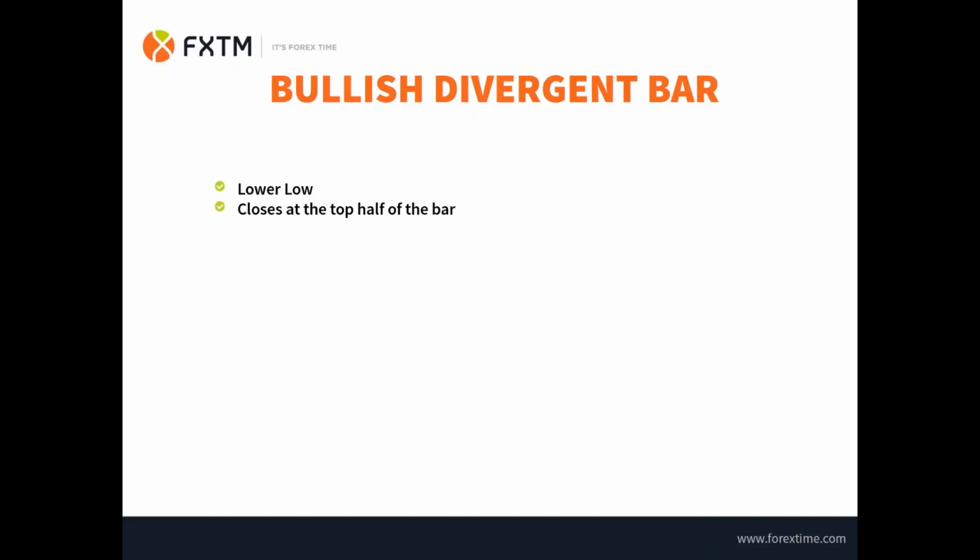Now, let's move, if you don't have any questions, to another very important part of the strategy, which is the bullish divergent bar. Bullish divergent bar, we might say that it looks like a hammer if you are familiar with candlesticks.